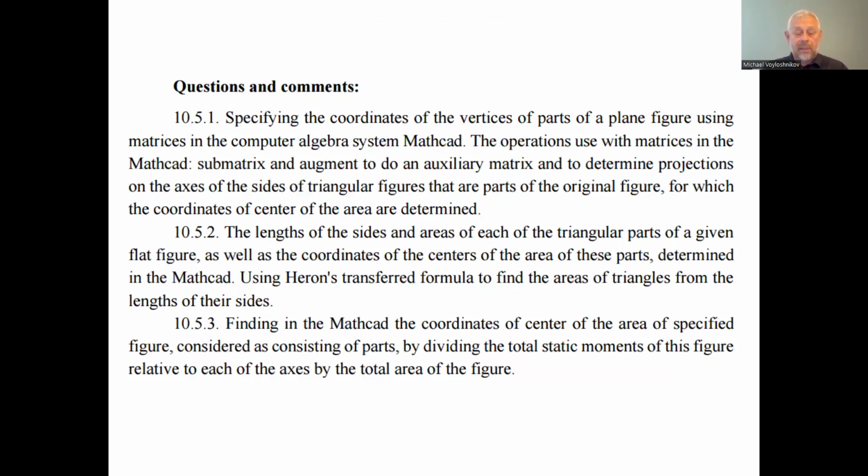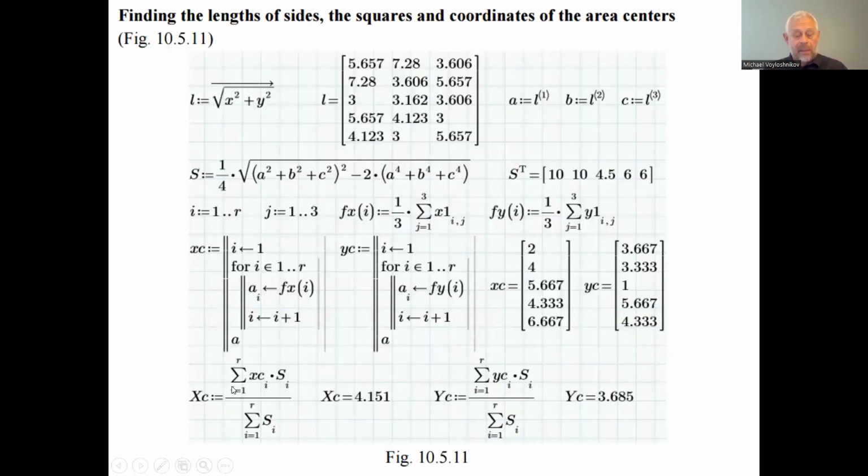10.5.3, finding in Mathcad the coordinates of the center of area of the specified figure considered as consisting of parts by dividing the total static moments of this figure related to each of the axes by the total area of the figure. Yes, we did that. In the numerator, we have the static moment of the figure. Static moment is the product of the area by the coordinate of the center of the area relative to the definite axis.